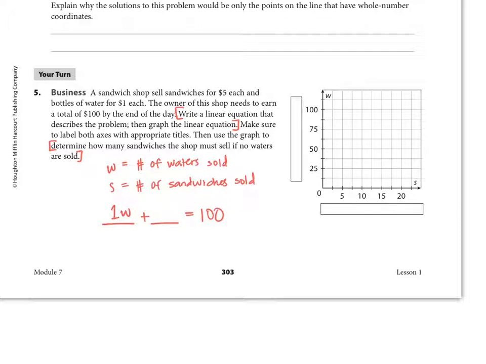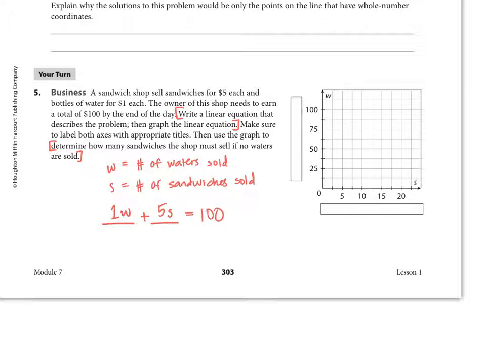And for sandwiches, it's $5 each, so it's going to be $5 times the number of sandwiches. As an example, if 5 sandwiches are sold, that means $25 is earned. And then we're going to graph this.